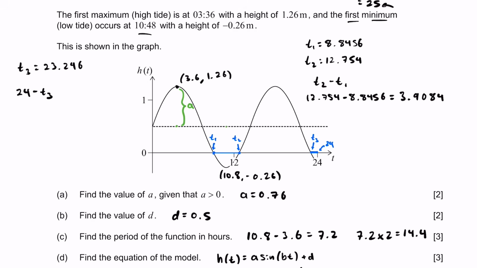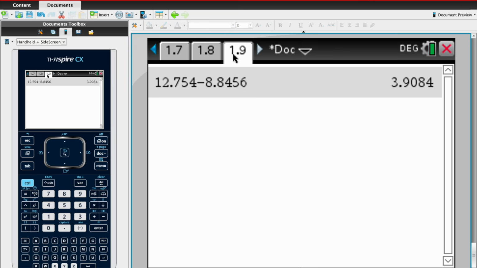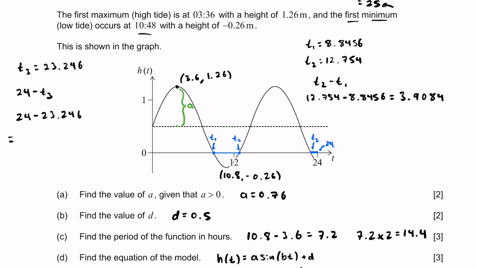So the 24th hour, 24 minus T3. What's the difference here? So 24 minus 23.246. Working that out really quick. 24 minus 23.246 gives us 0.754.